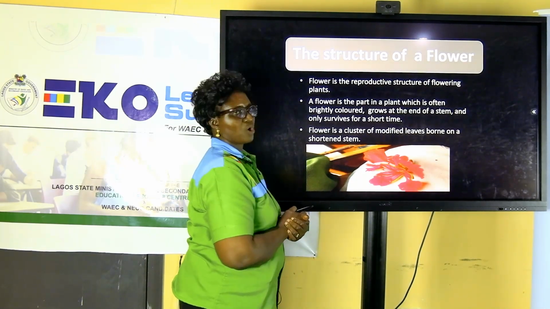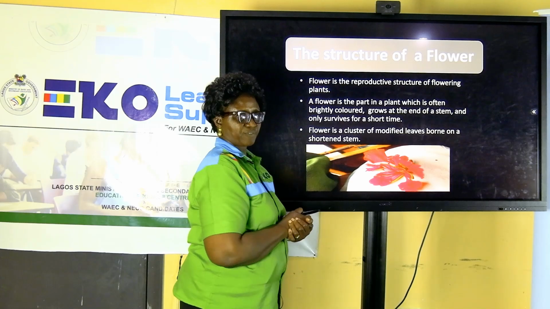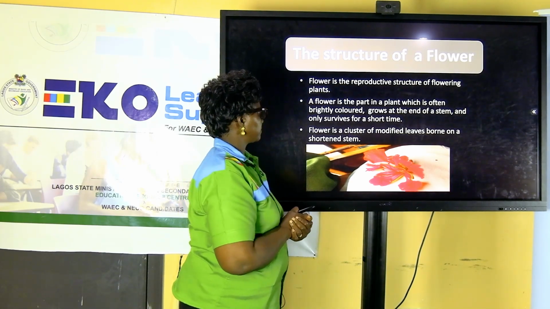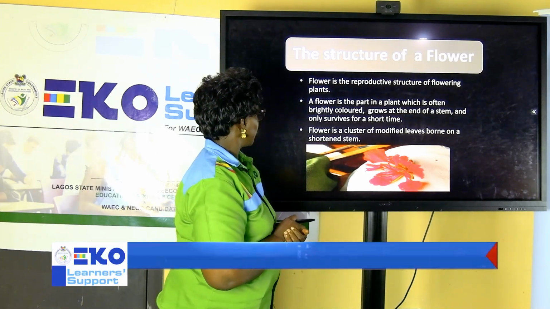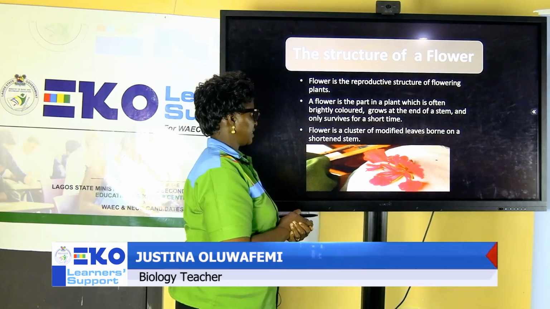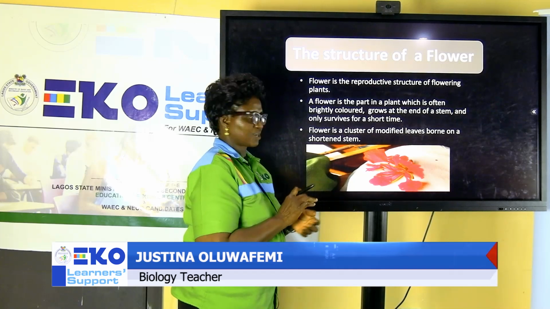The structure of a flower. A flower is the organ, the structure, used by plants for the purpose of reproduction. From the introductory parts, we have the flower as a part of a plant which is considered to be brightly colored.